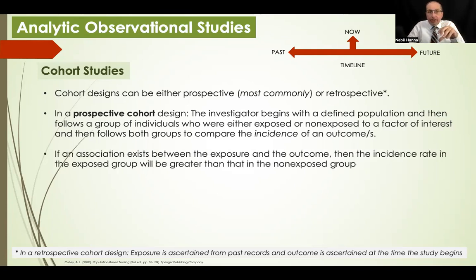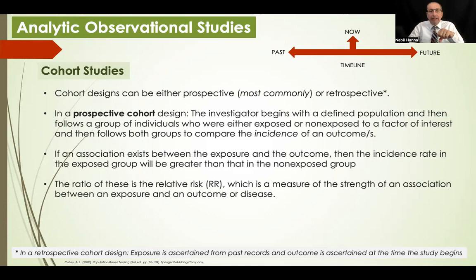If an association exists between the exposure and the outcome, then the incidence rate in the exposed group will be greater than that in the non-exposed group. And the ratio of this is what we call the relative risk, which is a measure of the strength of an association between an exposure and an outcome or a disease.